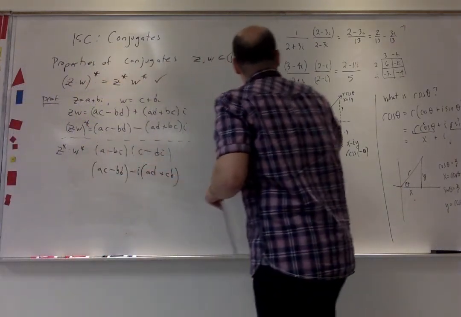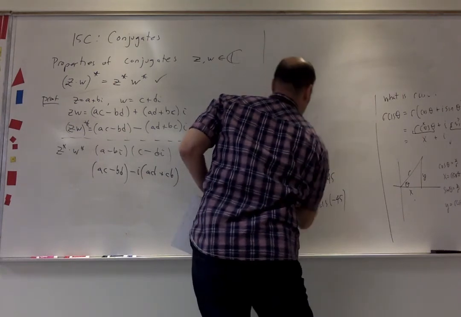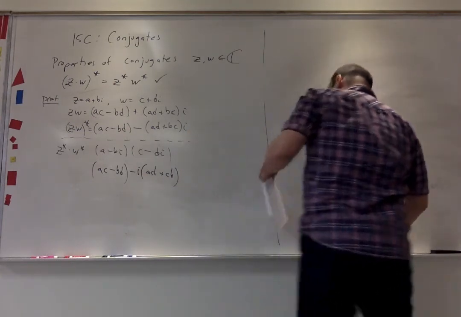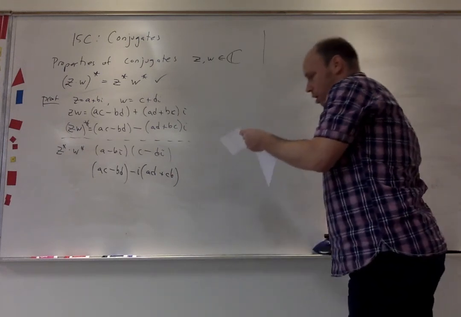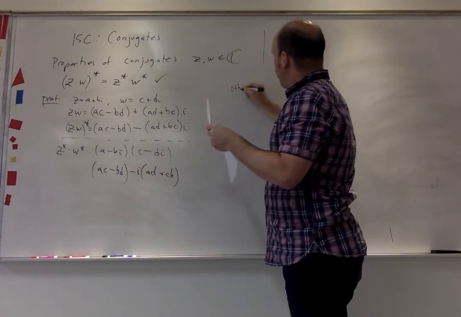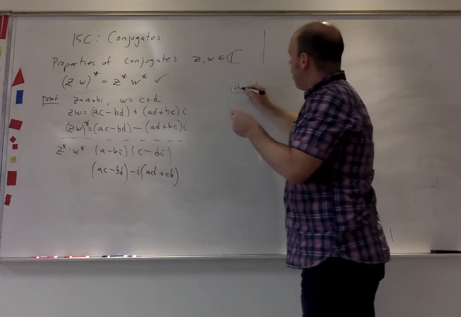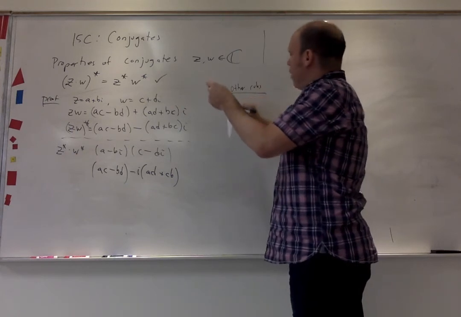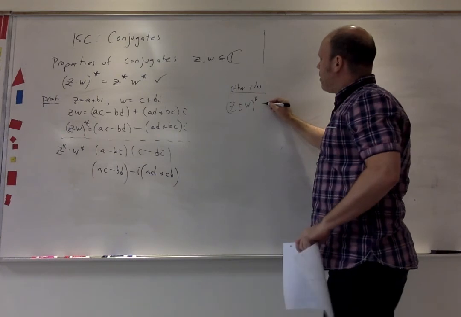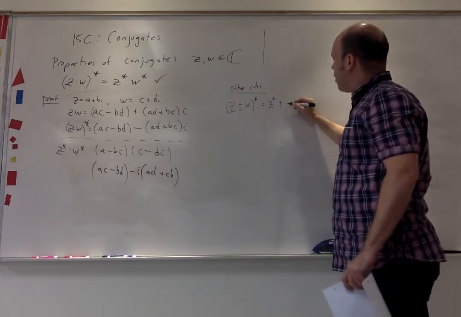What are some other cool rules? We have the sum and the difference: the conjugate of a sum or difference is equal to the sum or difference of the conjugates.